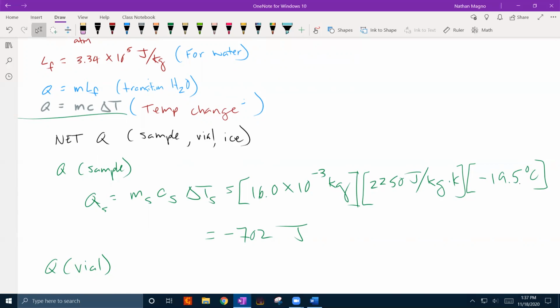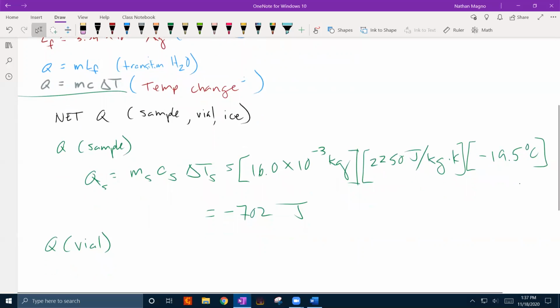Oh, vial, yeah. So this temp change one, sorry. Oh, it's okay. Yep. So Thomas is right. We use the Q equals MCΔT. So Q, now I'll put Q_V, so you all know it's for vial. Specific heat of the vial times the temperature change of the vial.